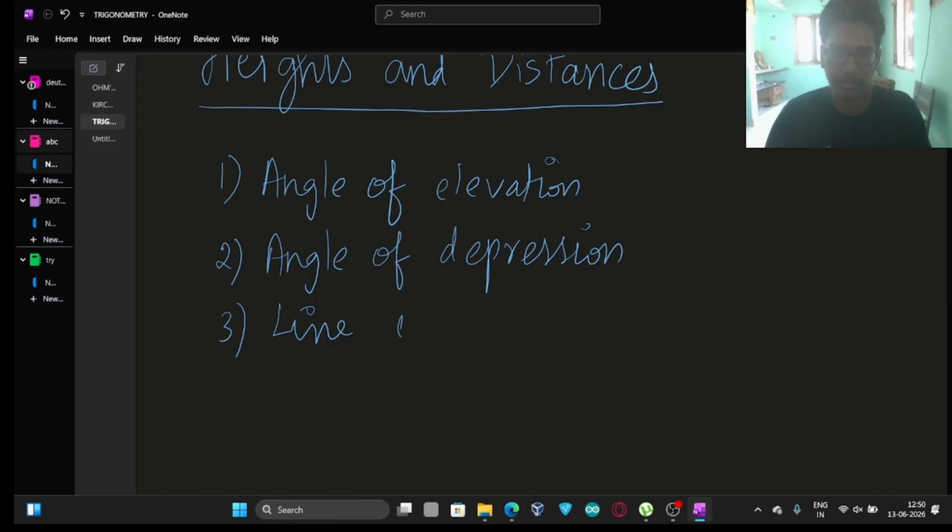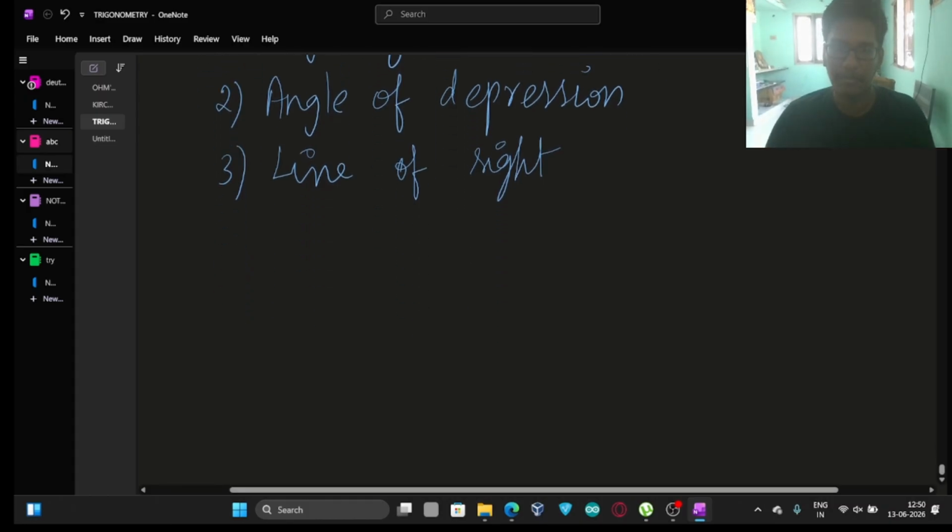So these three are very important in this aspect. For whatever question you would like to solve based on this scenario, you should know angle of elevation, angle of depression, and the line of sight. So let's see what is angle of elevation, angle of depression and line of sight respectively.